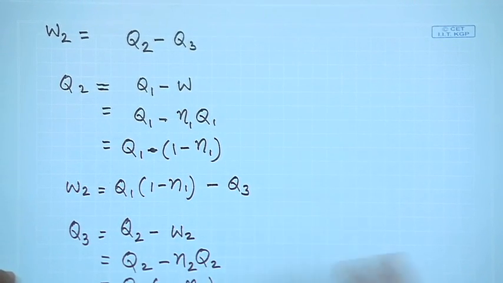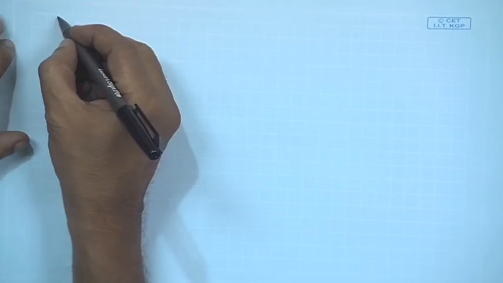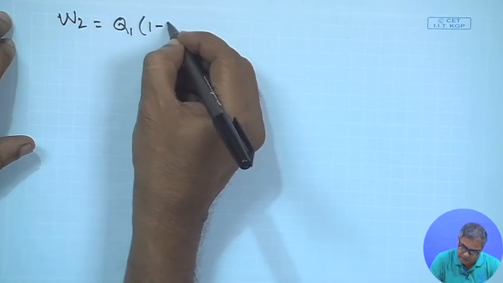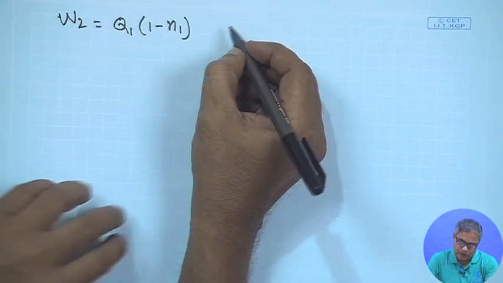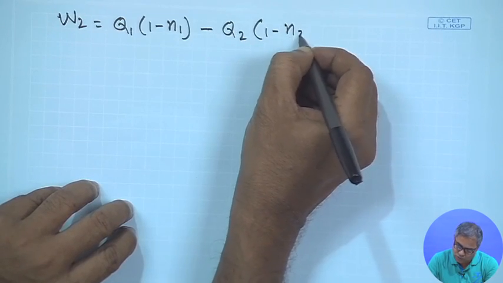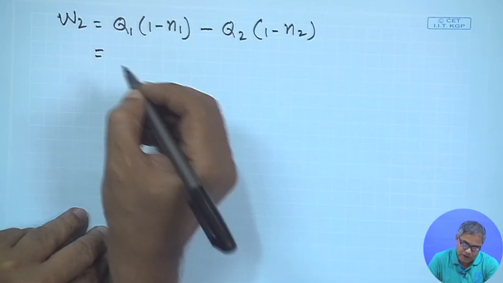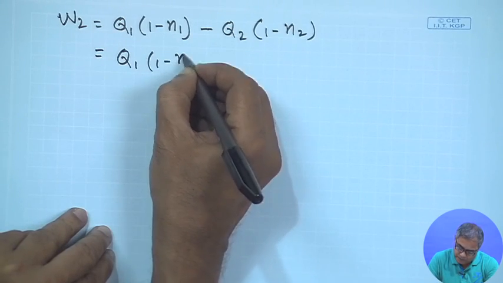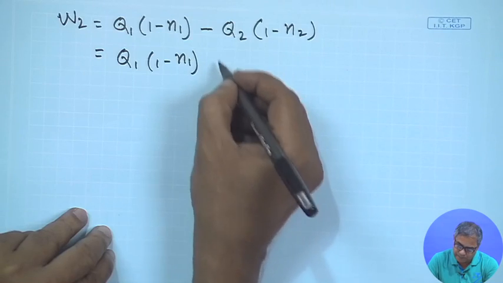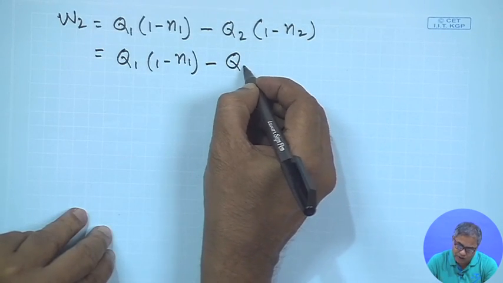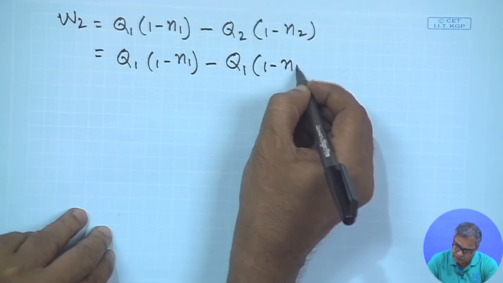Then ultimately we can write W2 is equal to Q1 into 1 minus eta 1 minus Q2 into 1 minus eta 2, and Q2 we can write again replaced by your Q1 into 1 minus eta 1.